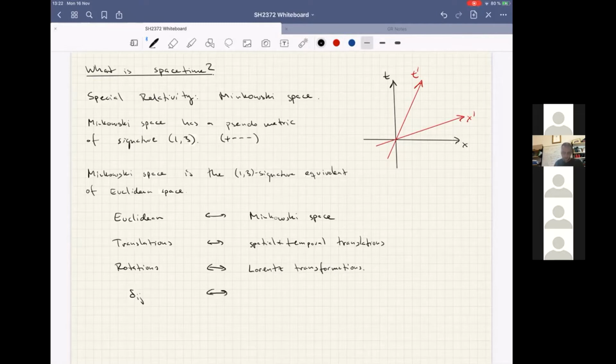And so the metric in Minkowski space is this pseudometric eta mu nu, which in Minkowski coordinates has the form 1, minus 1, minus 1, minus 1 and zeros on the off diagonal, and is conserved under both spatial and temporal translations as well as Lorentz transformations in exactly the same way that the regular Euclidean metric is invariant under translations and rotations.